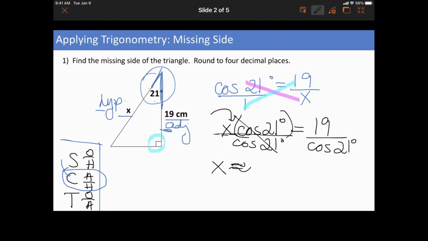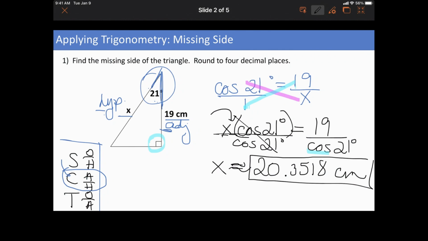My calculator actually types out the word cosine. So I'm going to hit 19 divided by, and I'm going to hit cosine 21. You can close the parentheses or not. And then hit equals, and I have 20.3518 centimeters.